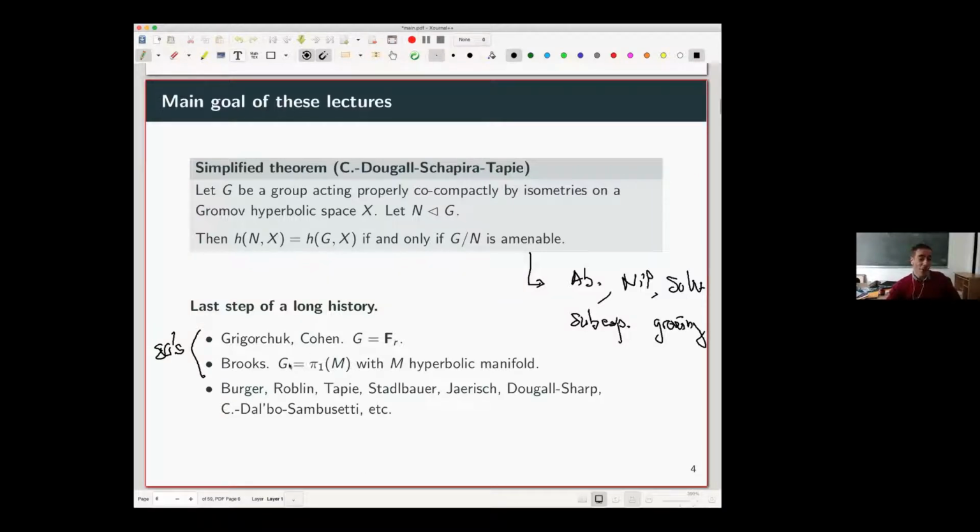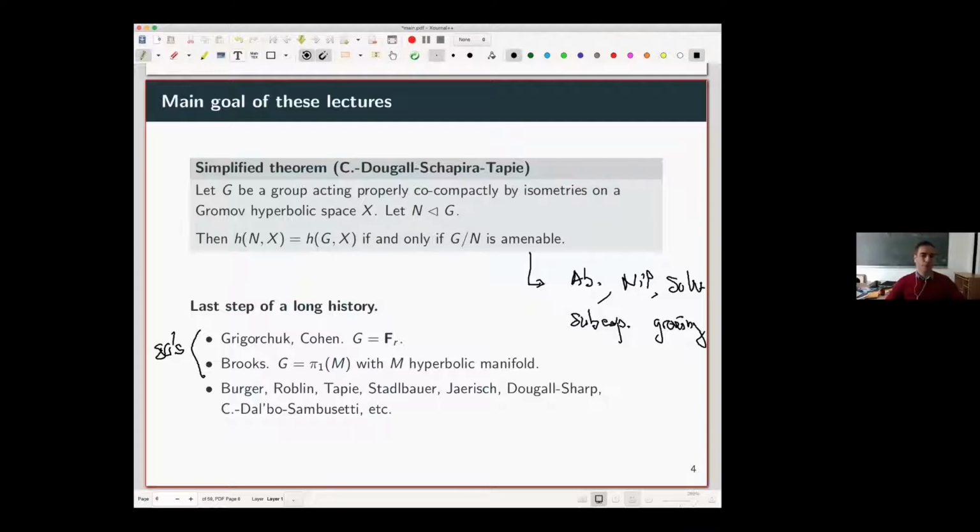Then you have another statement which deals with fundamental groups of hyperbolic manifolds, that was proved by Brooks using spectral theory of the Laplace operator on a manifold. And then you have a long list of people, probably I forgot some of them, I'm sorry about that, who tried to improve the statement, most of the time in the context of the fundamental group of a manifold with, let's say, pinched negative curvature, to make it very vague.